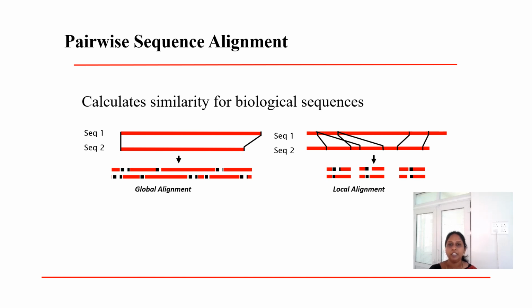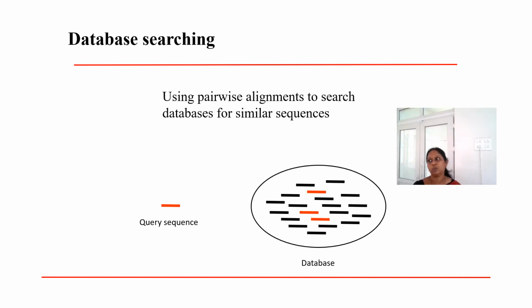For example, this particular region seems to be similar to this region of sequence 2, and here again. If you take this part of sequence 1, it is similar to here and then here again. So local alignment looks for the highly similar regions in between your sequences. That is the difference between global and local alignment.